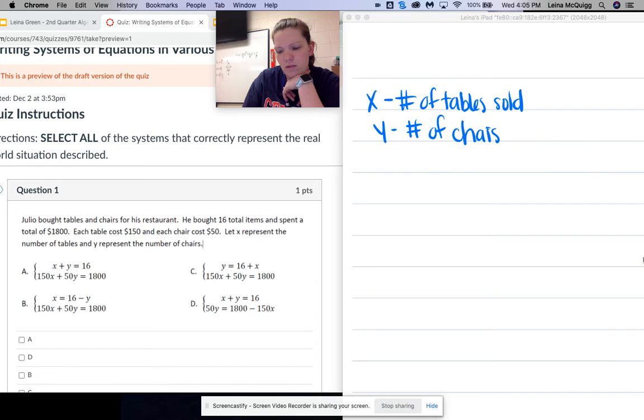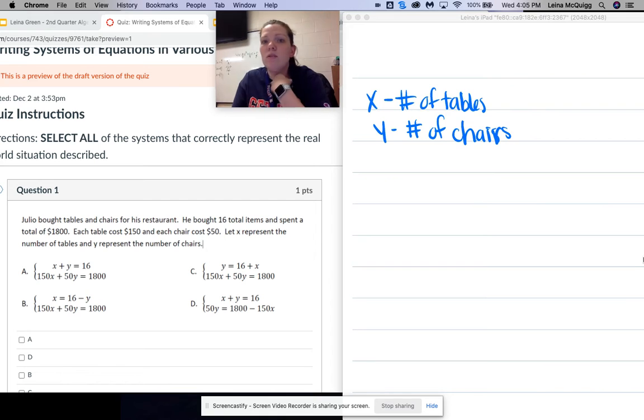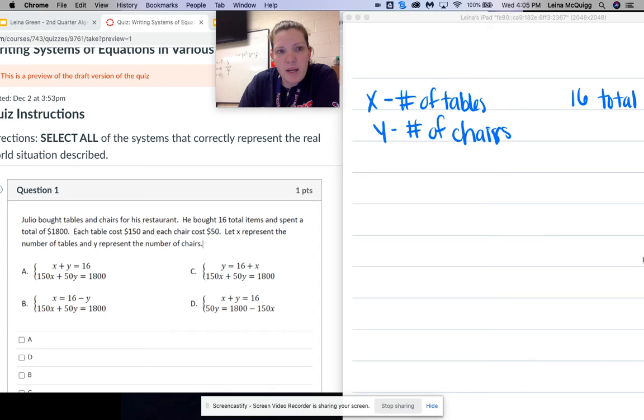Oops, I don't know why I said sold. Are we buying things? I guess so. So X is going to be the number of tables. Y is going to be the number of chairs. And he got 16 total items. He paid $1,800 total.